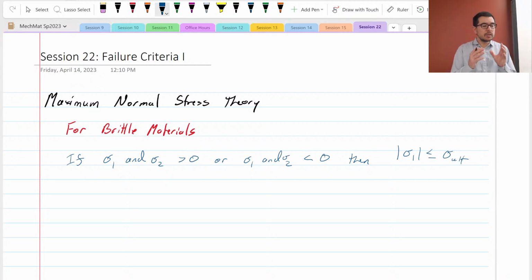In this case, we're saying that they're the same, or the absolute value of sigma 2 has to be less than the ultimate tensile or compressive strength, which we're considering the same.